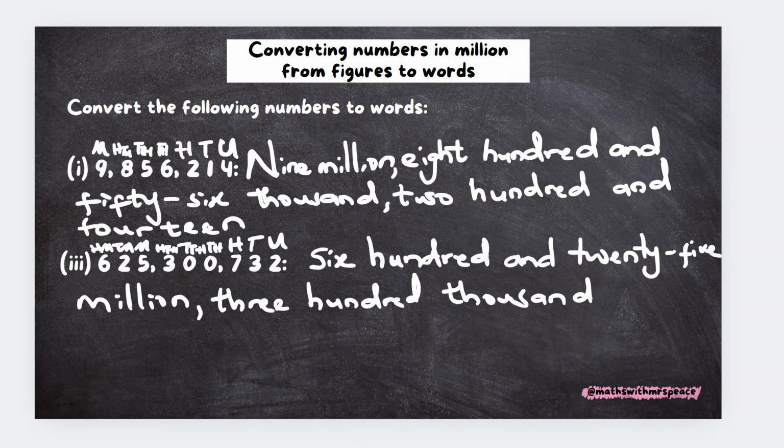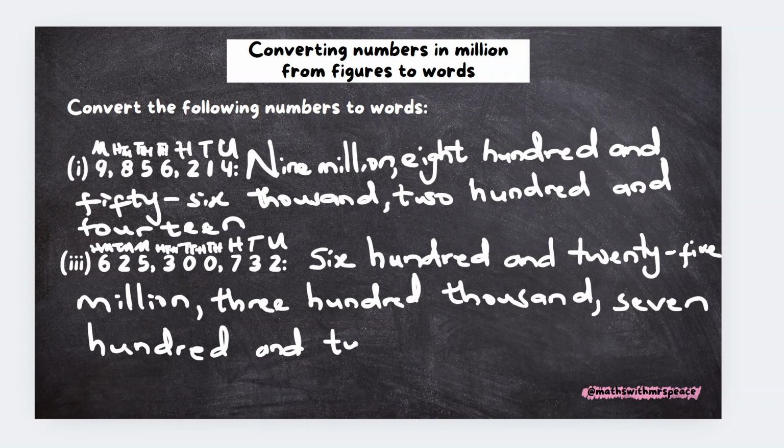And then we have 723. So comma, and then we have 723. And there you have it. So that's how to easily convert numbers in millions from figures to words.